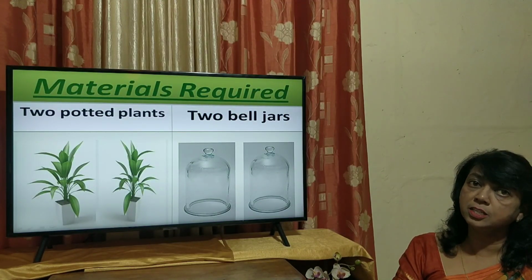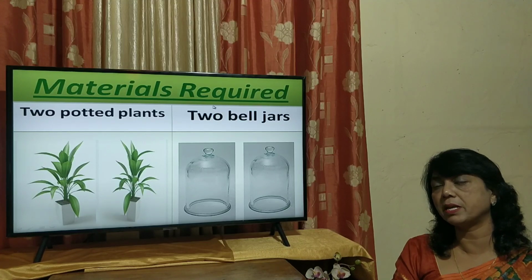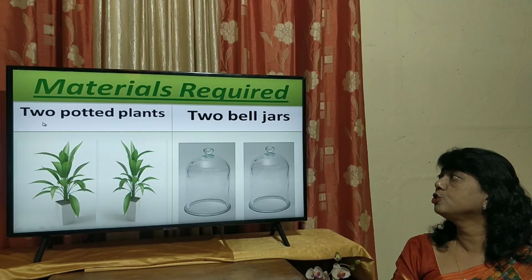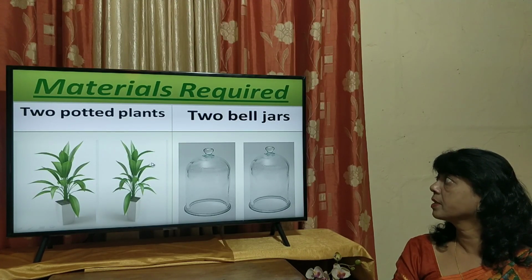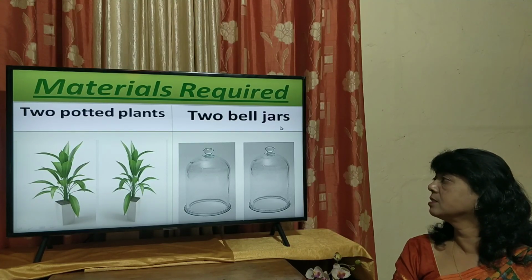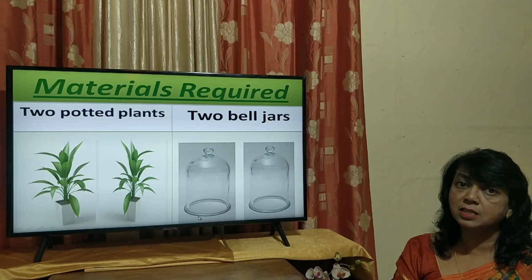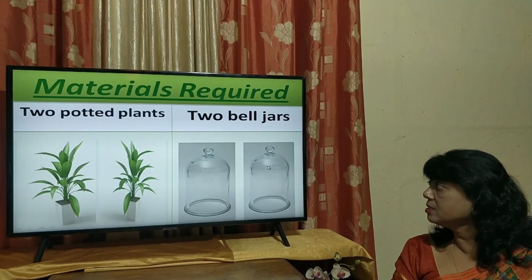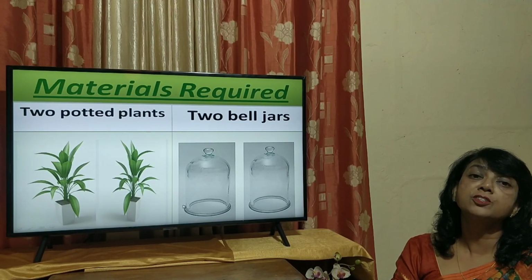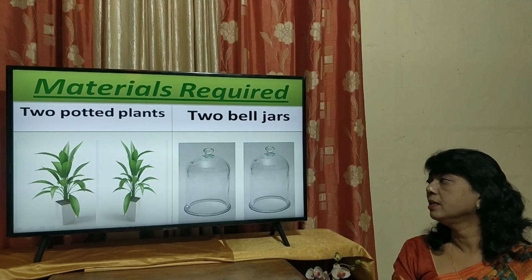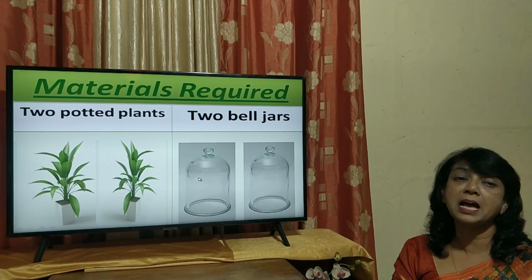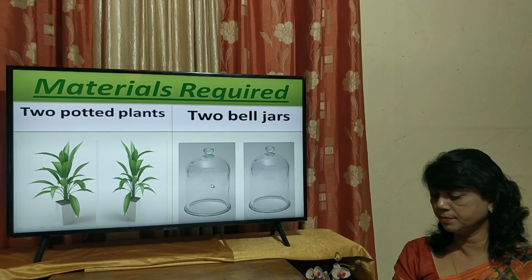Materials required for this experiment are 2 potted plants and 2 bell jars. Why do we call them bell jars? They are made of glass and they are shaped like a bell. That is why they are called bell jars.